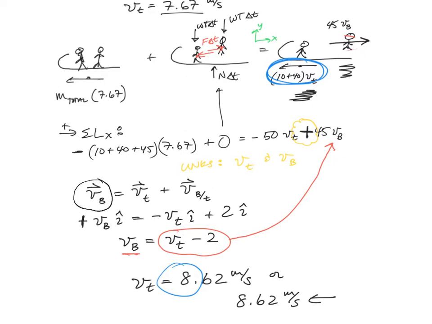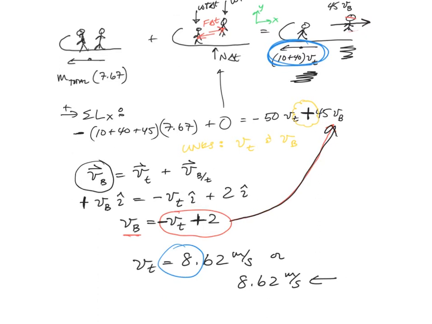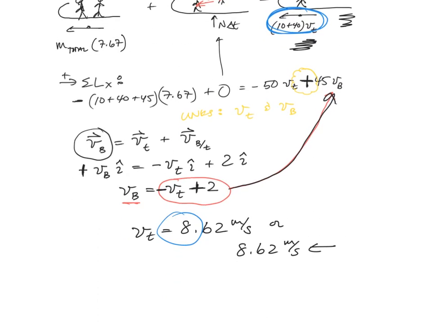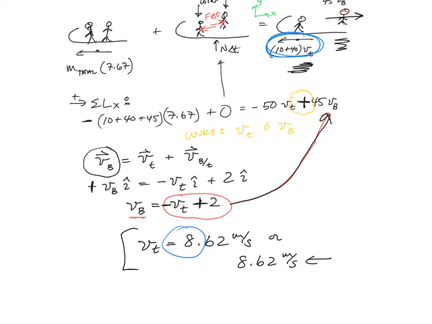So the velocity of the boy would now be represented by the equation of minus VT plus 2. If I plug that right back in there, the math will work out such that we end up with exactly the same answer.